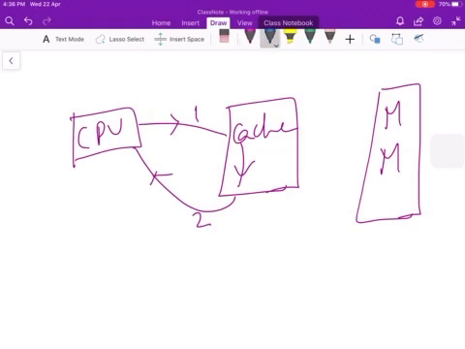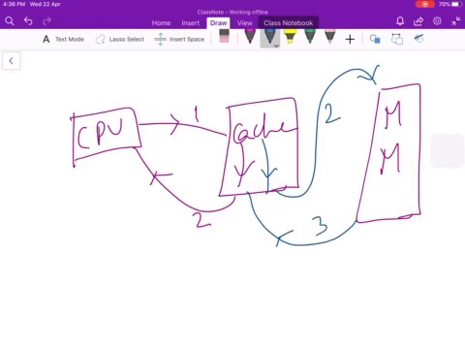It will eventually come here. Then it will be seen that it is not there, right? Then it goes to the next level. We assume that things will be there in the next level, and it will bring the things here, and then it will be delivered to the CPU, right?